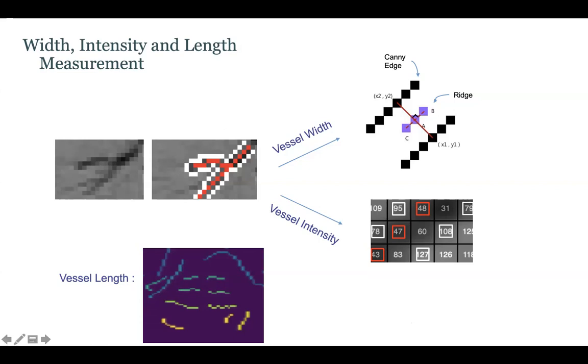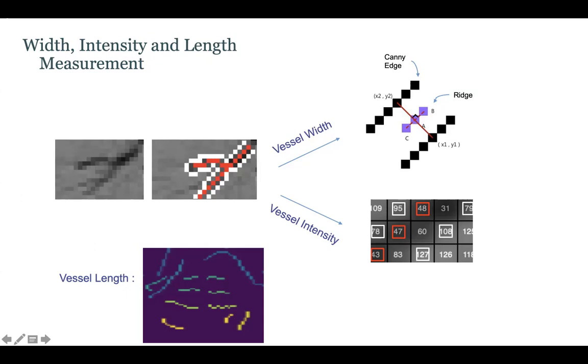and we use the point on the ridge to measure the shortest distance between the Canny edges as the vessel width. Then we use the pixel value to calculate the vessel intensity. You can see the white pixel is from the Canny edge, and the red pixel is from the ridge.